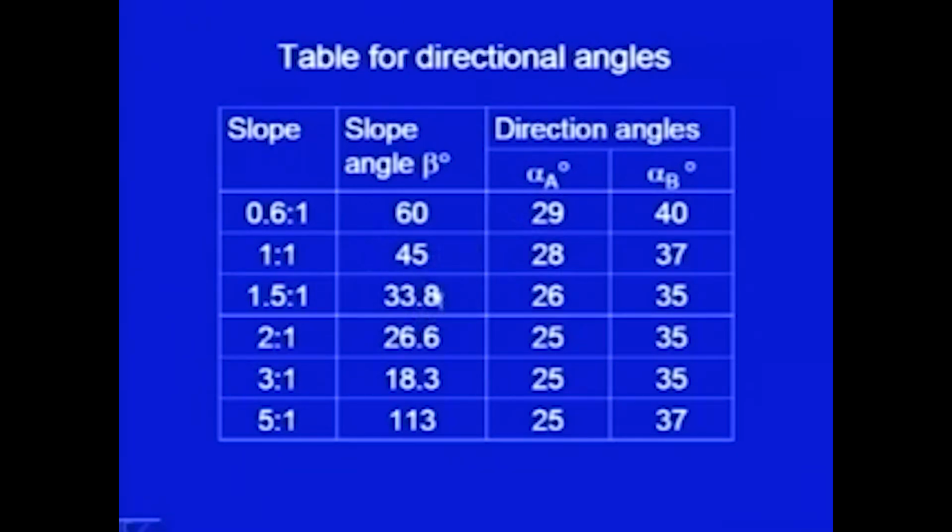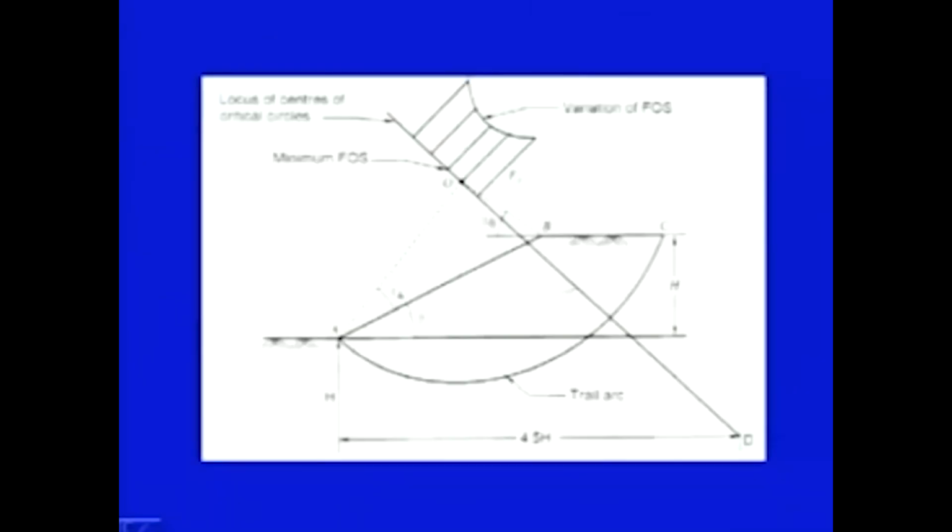For example, let us say beta is equal to 45 degrees, then direction angle alpha A is 28, alpha B is 37. Suppose it is 30 degrees, then you have to interpolate between these values. So, alpha A between this and this, alpha B you can take here. Using these values, you then have to draw this figure.